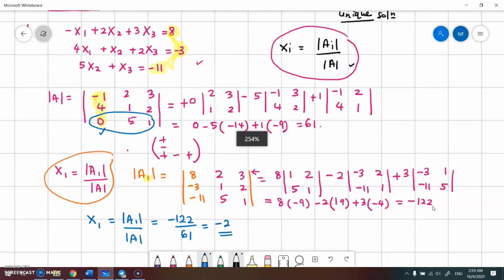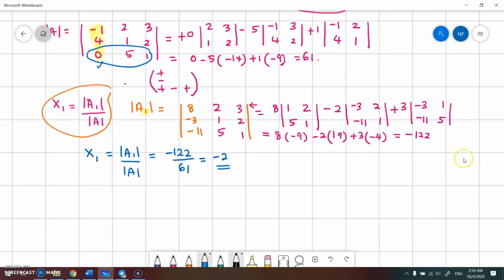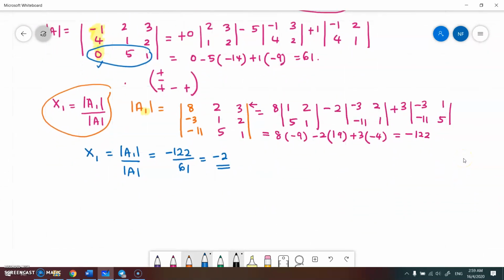If I want to proceed to find x2, my x2 would be the determinant of A2 divided by the determinant of A. So how do I find the determinant of A2? I have to look at the second column.